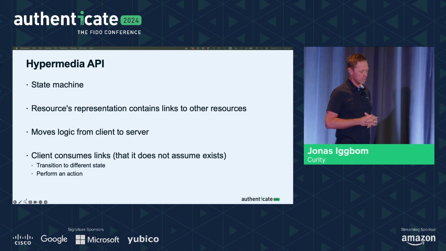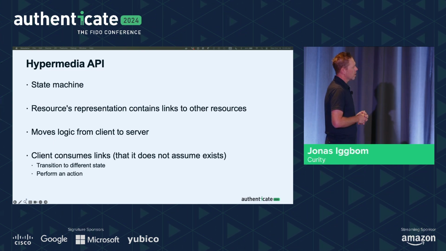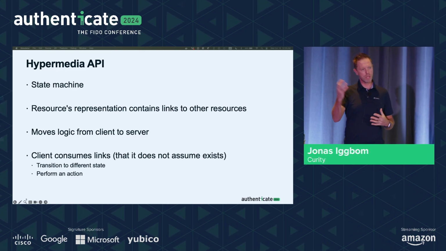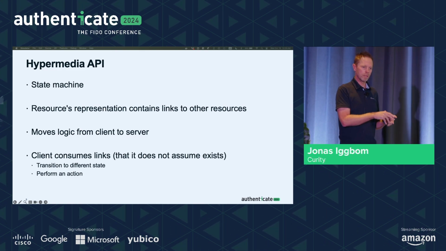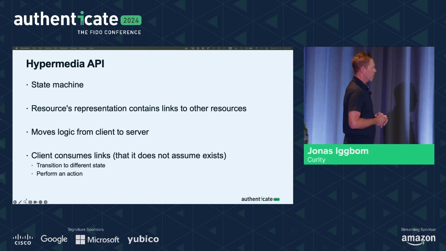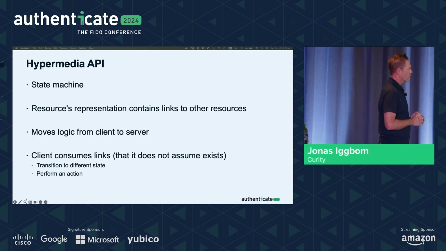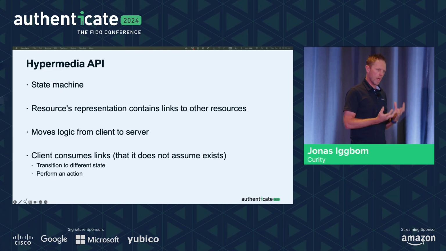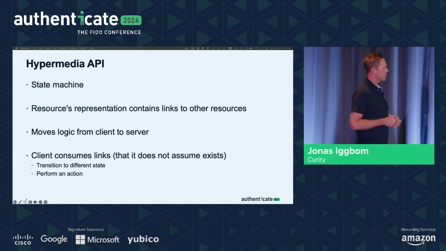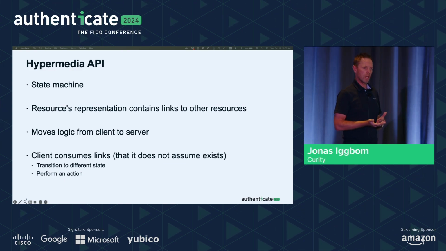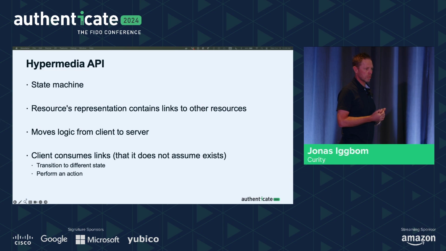And what happens with this is we move the logic from the client to the server. So the server kind of keeps the state of this state machine and just feeds the client information that the client acts on. And typically these are links that the client doesn't assume exist, but it has information about the payload that comes back, and it can then transition to a different state client side by following these links.